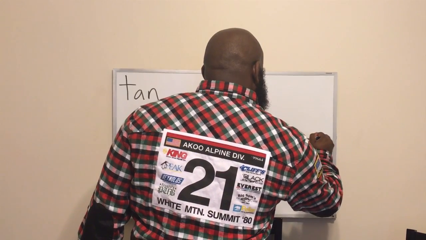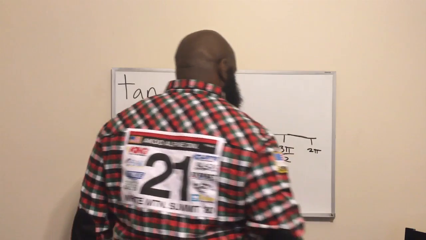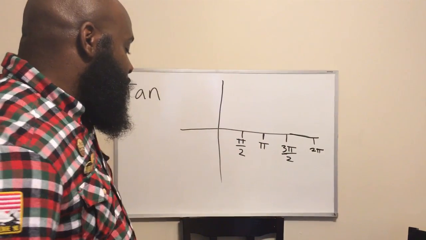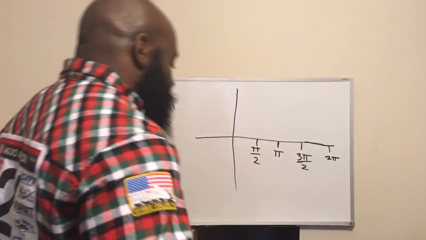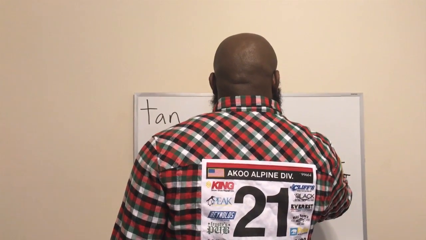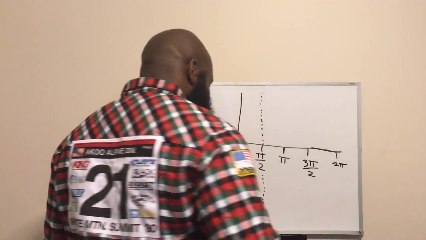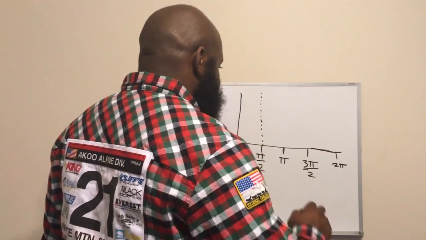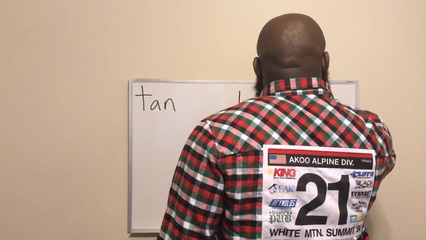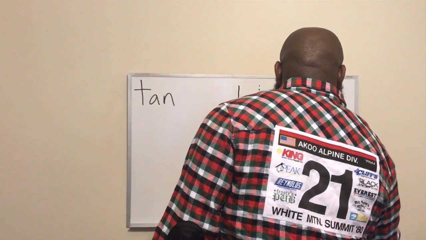And then you have your 2 pi, your 360. What we want to do first is create these separation points, which will make it a lot easier when plotting the tangent function, because like we said, it crosses through every pi.